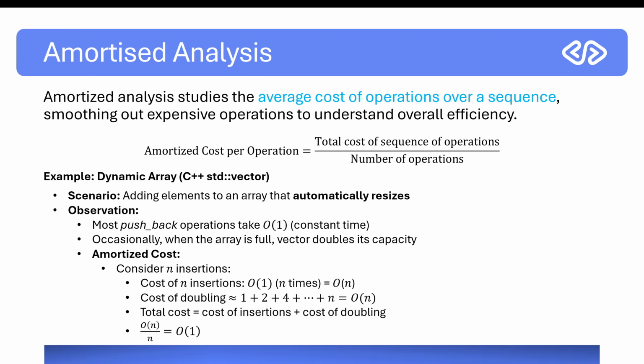So a good example is the vector, or what we call a dynamic array. In C++ we have something called the vector, which is just an array that resizes. We want to know how expensive it is to insert n elements, because as we know, regular arrays are fixed size.